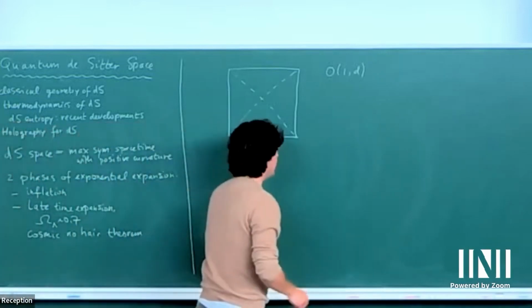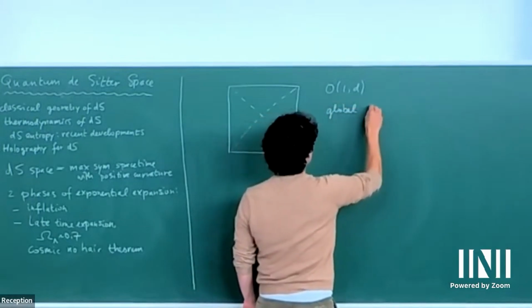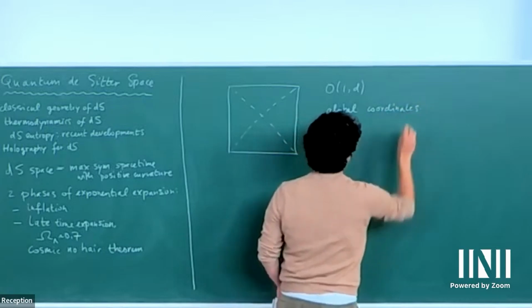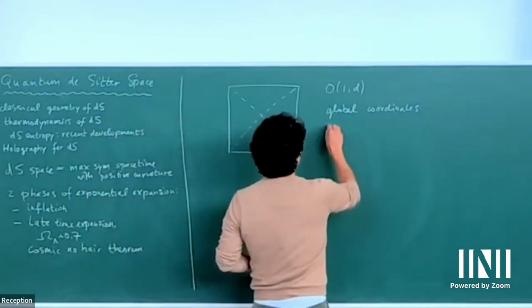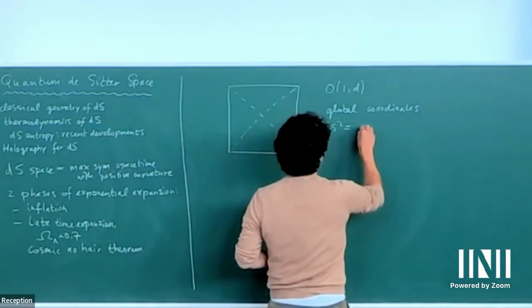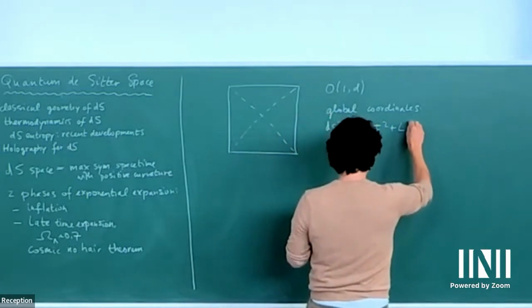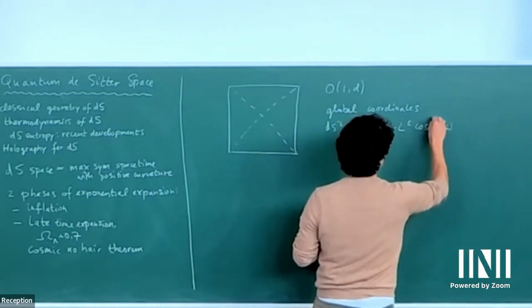And so let me give you some coordinates that cover the entire geometry. So global coordinates: the metric in global coordinates takes the following form.